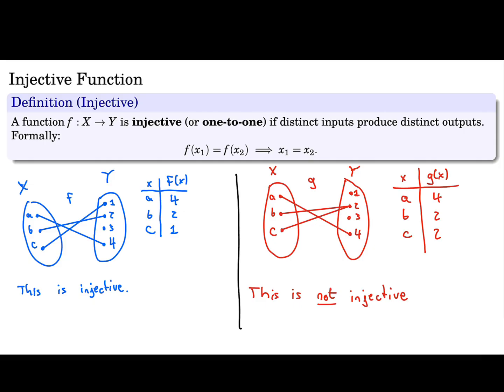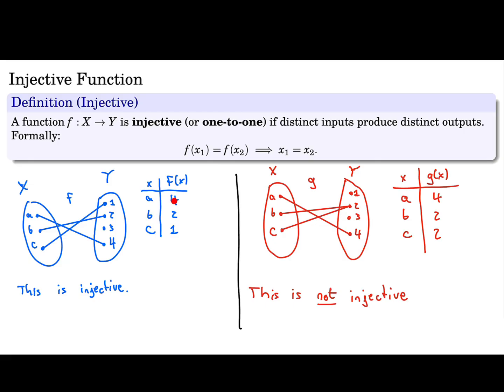That's another way of thinking of injection, and that's why we also say one-to-one, because it assigns one element in the domain to one in the codomain. If you tell me the value of the output, I will know exactly what the input is.